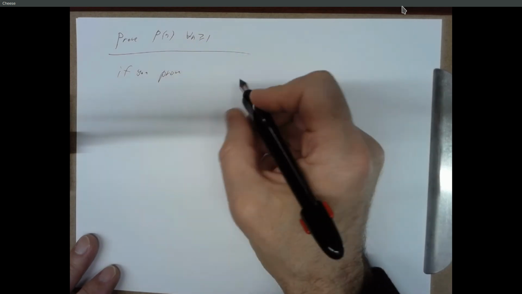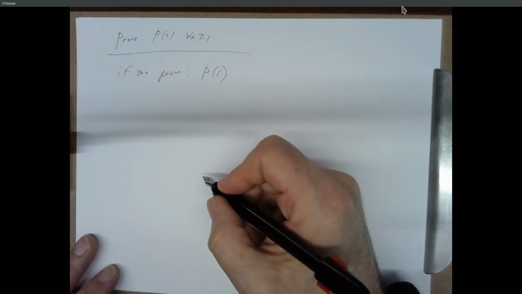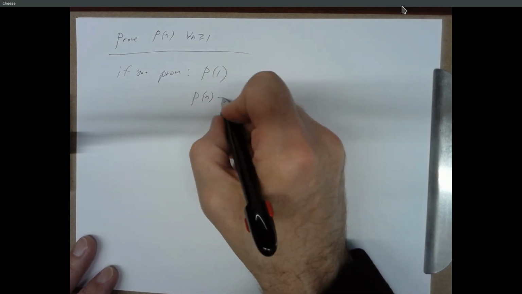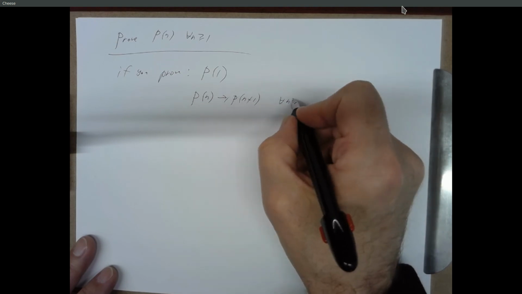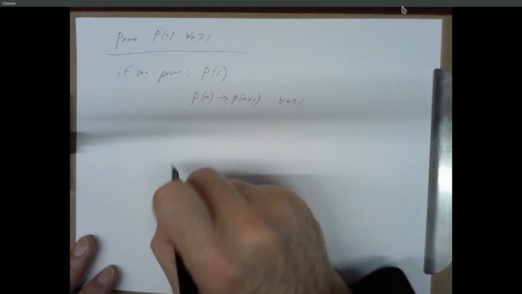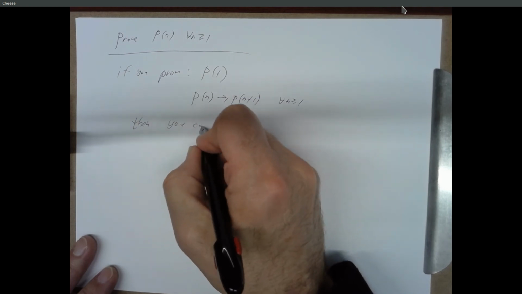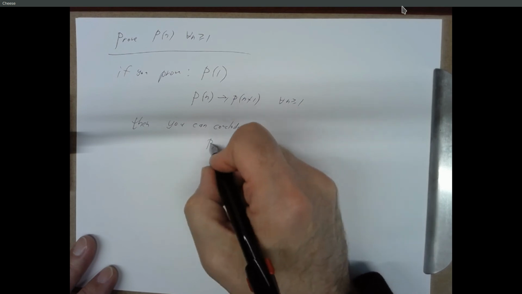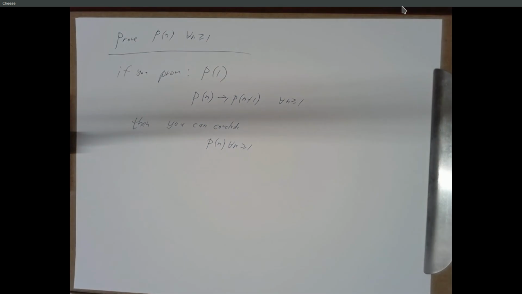If you can prove that a single proposition like P of 1 is true, and prove that if P is true for n, then it's true for n plus 1, then you can conclude P of n for all n bigger than or equal to 1.